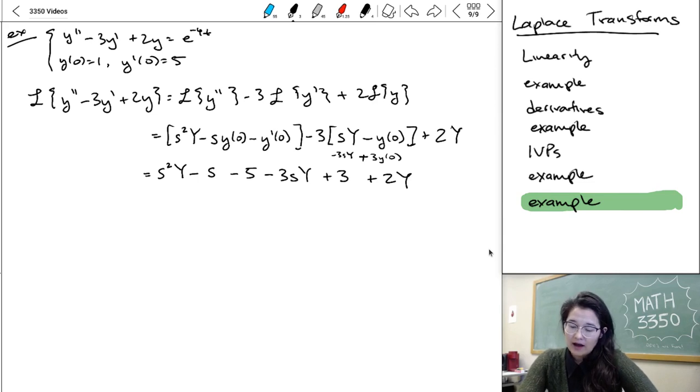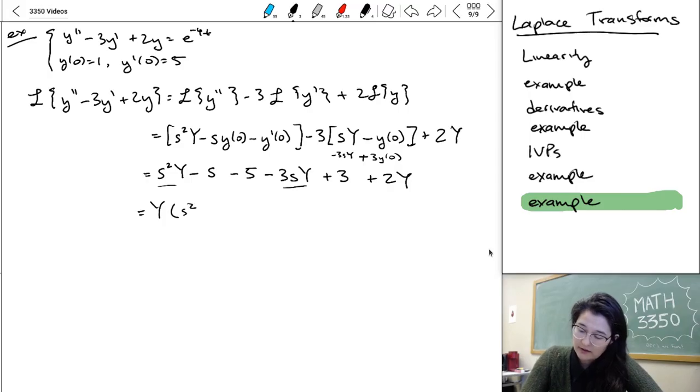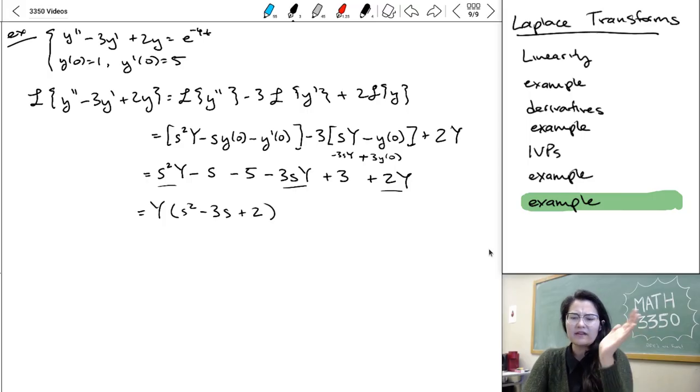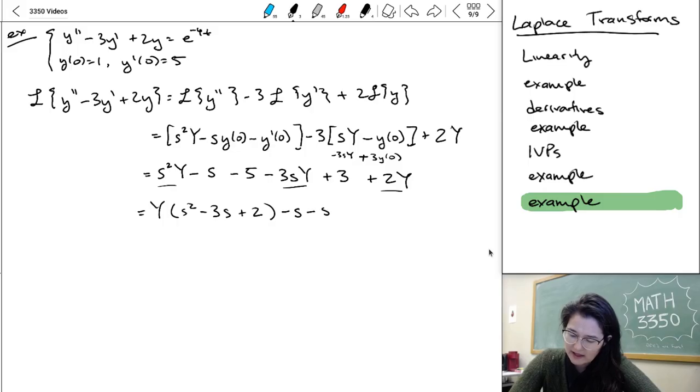I'd like to eventually solve for capital Y, so I'm going to group everything that's multiplied by capital Y: s squared minus 3s plus 2. Everything else I can leave outside: minus s minus 5 plus 3, just my extra terms.